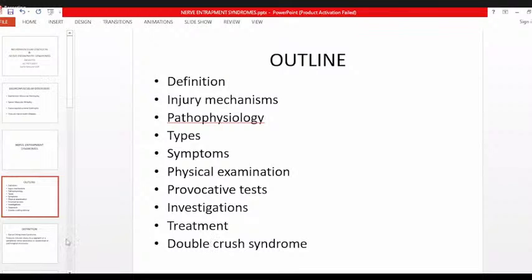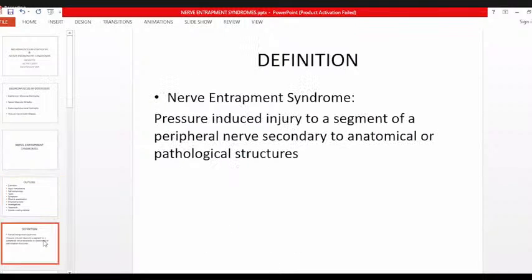As a definition, nerve entrapment syndrome is a pressure-induced injury to a segment of a peripheral nerve secondary to anatomical or pathological structures.